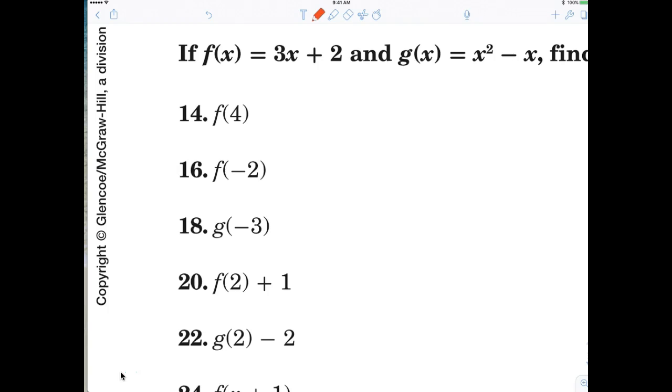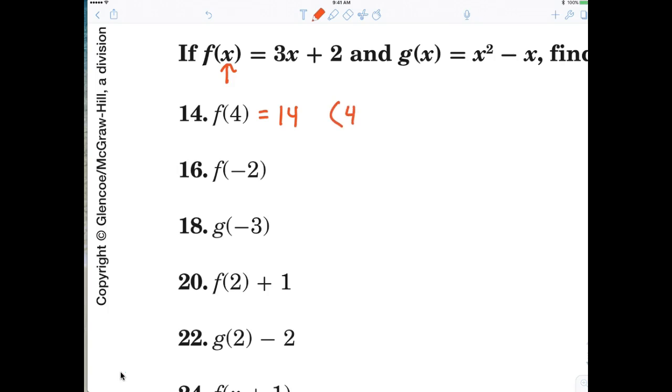That's how you say that. What's the y when the x is 4? Inside the parentheses is the x value. So, f of 4 we said was what? 14.